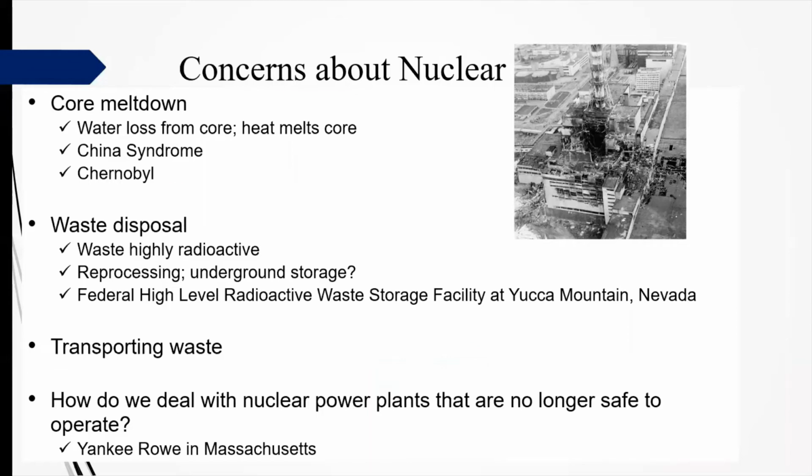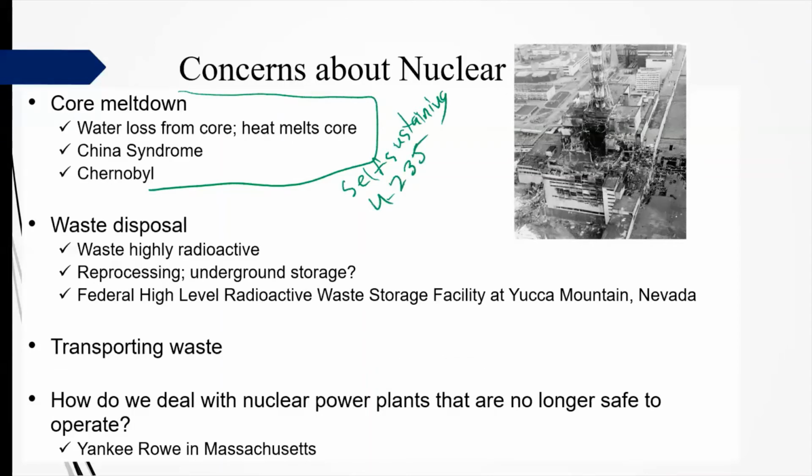So when things go wrong, it can really go wrong because our fission process becomes self-sustaining once we have enough U-235. And once that happens, if our water is lost, then there's no way for us to stop that process.